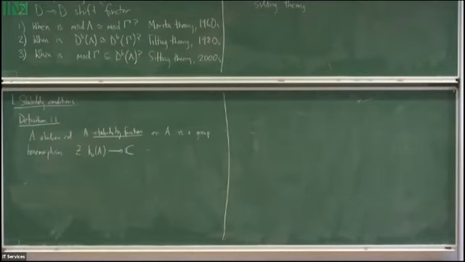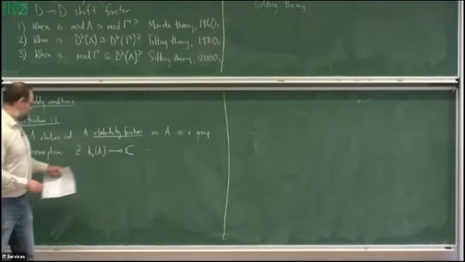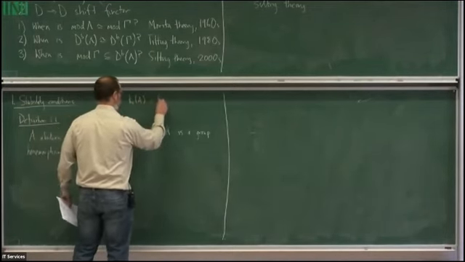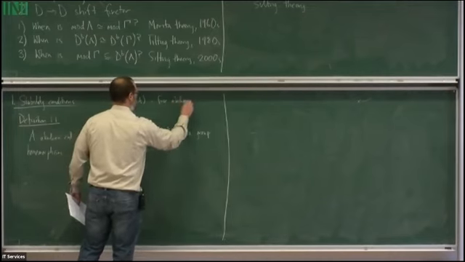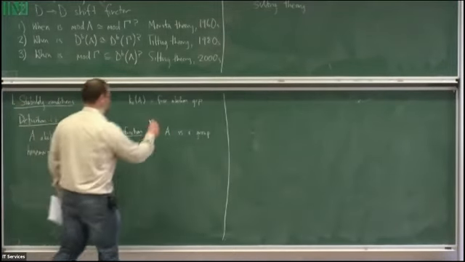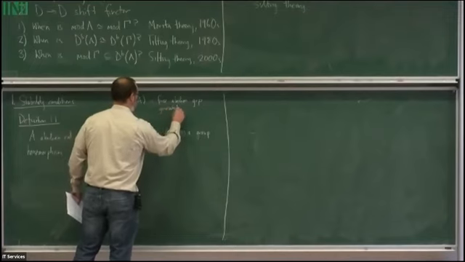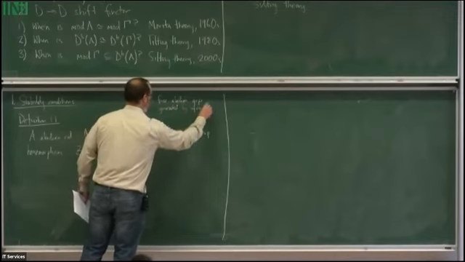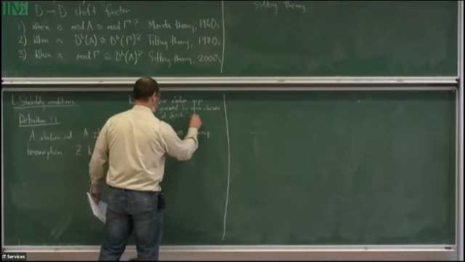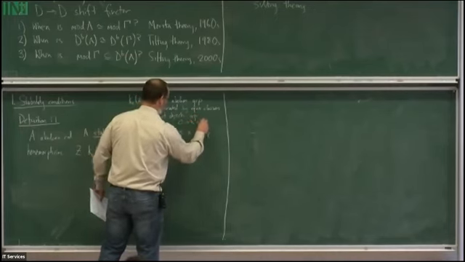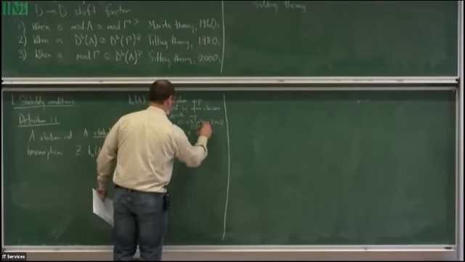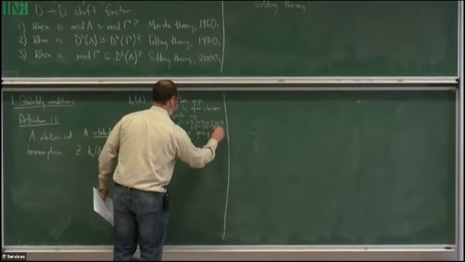So the Grothendieck group of A is a free abelian group generated by equivalence classes of objects, up to, if I have a short exact sequence X to Y to Z to 0, the equivalence class of Y is equal to the equivalence class of X plus Z. That's the relations.